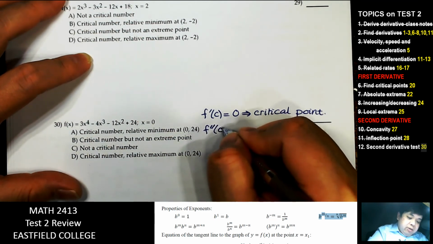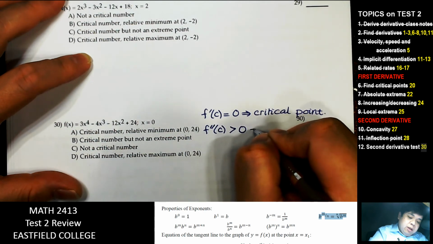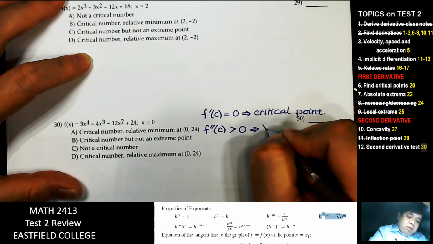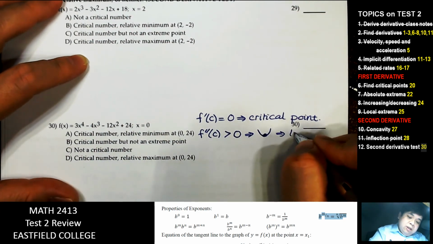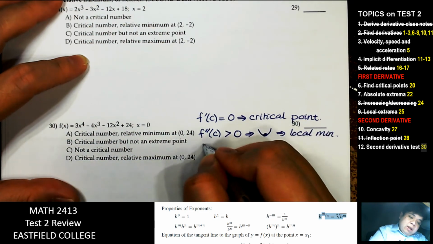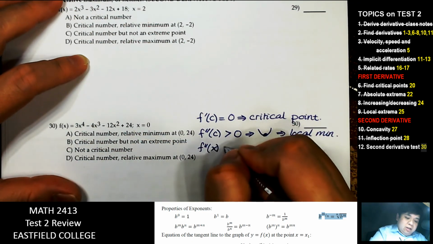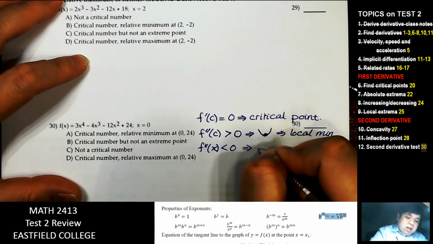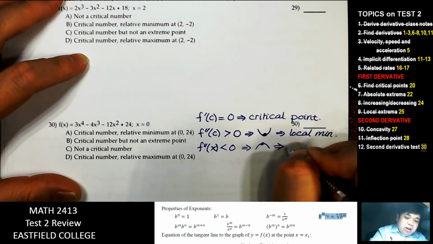Second derivative, if it's positive, it opens up, and opens up can only have a local min. If the second derivative is negative, it opens down, and opens down can only have a local max.